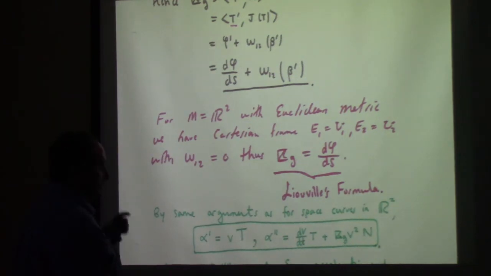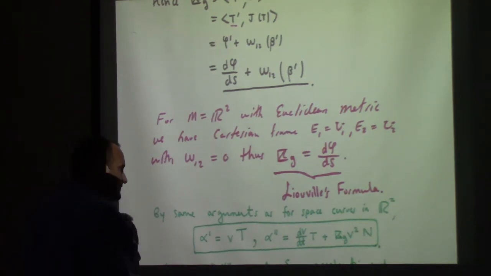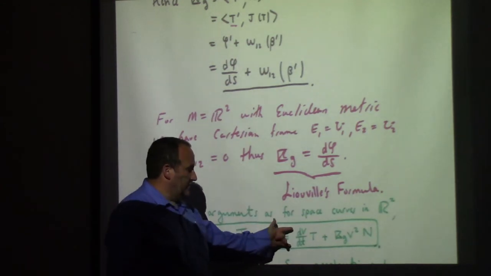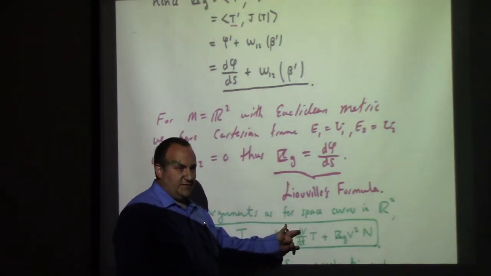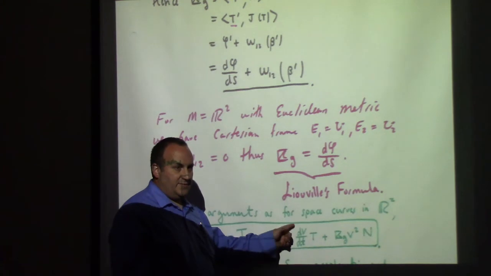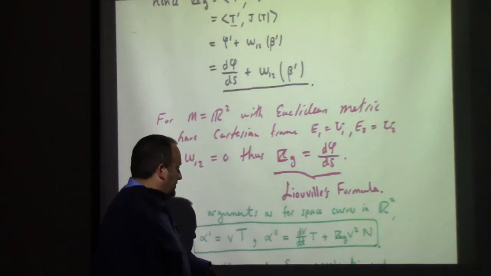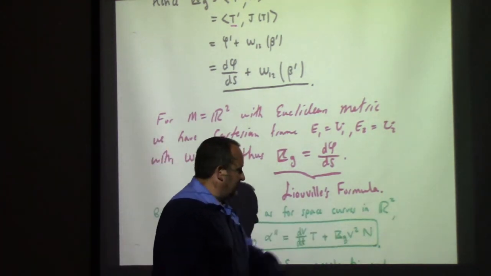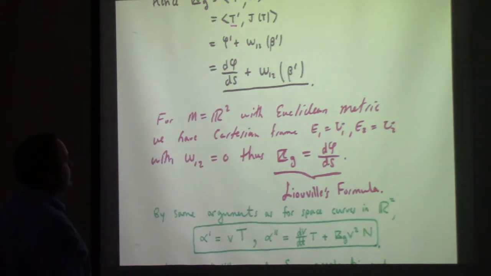Let's see here. So the acceleration has two pieces. It has the derivative of the tangent field piece directly, which is the speed piece. And it's also got this kappa g v squared piece, which we're seeing here. There's a bit of a jump for me from what we were just doing.